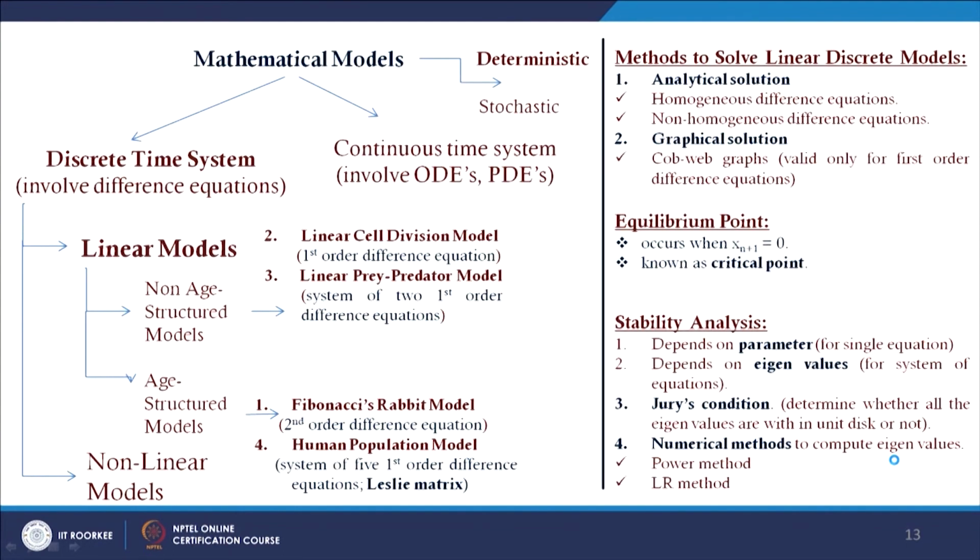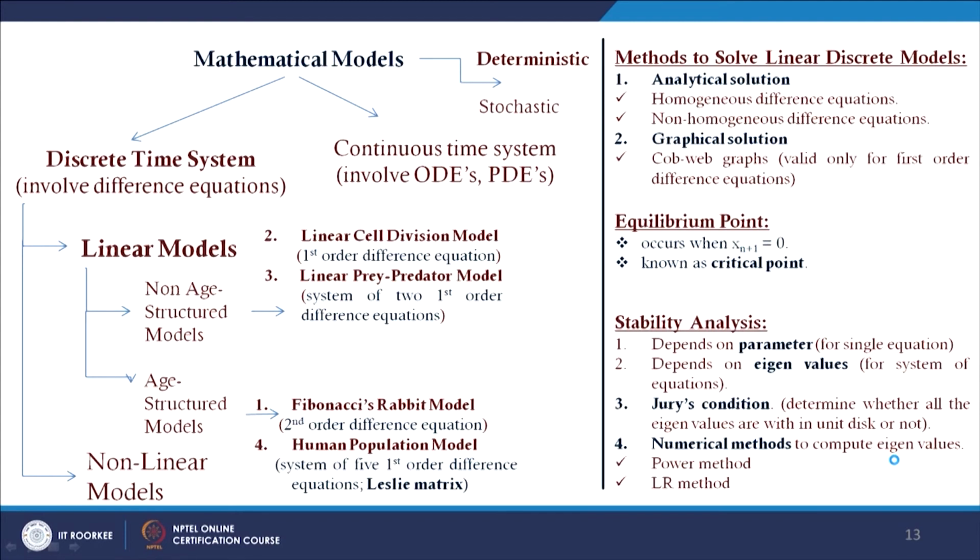We defined these mathematical models in two forms, represented based on time systems. First is the discrete time system, which we discussed in the previous lectures, and then the continuous time system, which includes ODEs and PDEs, that is, ordinary differential equations and partial differential equations, while the discrete time system involves difference equations.